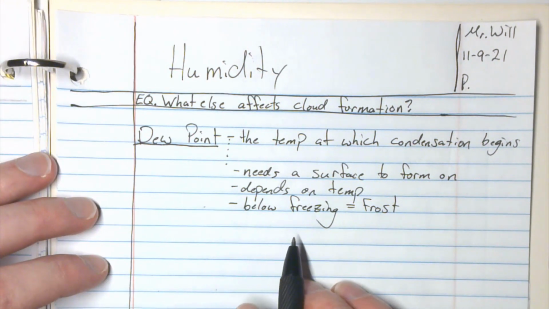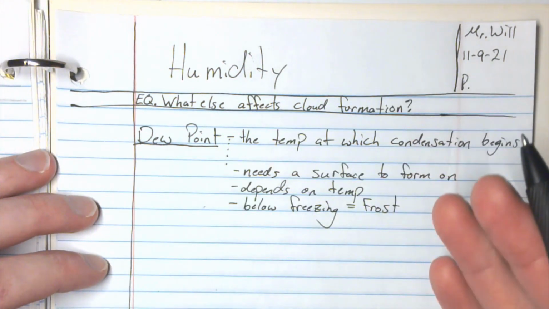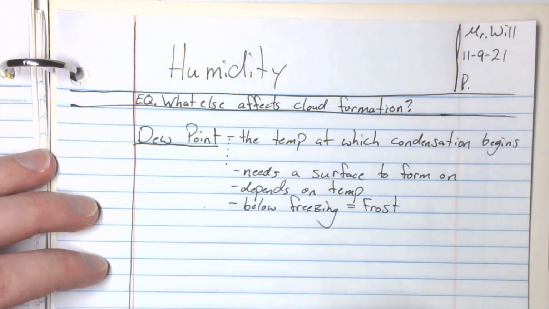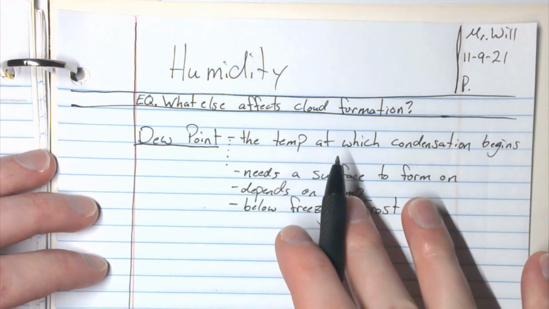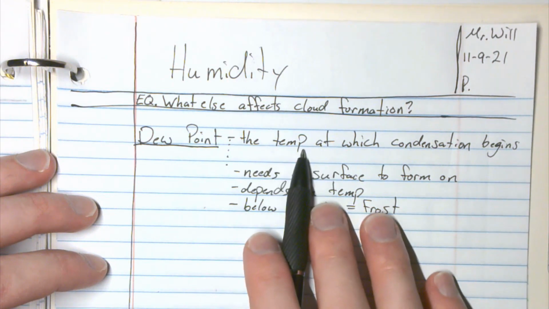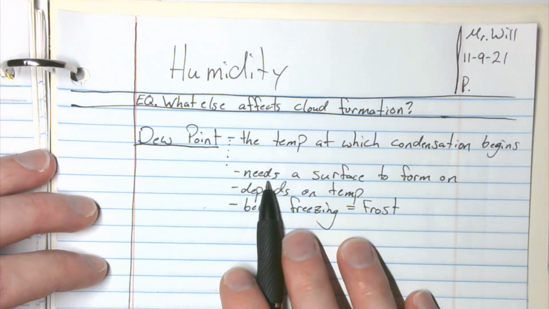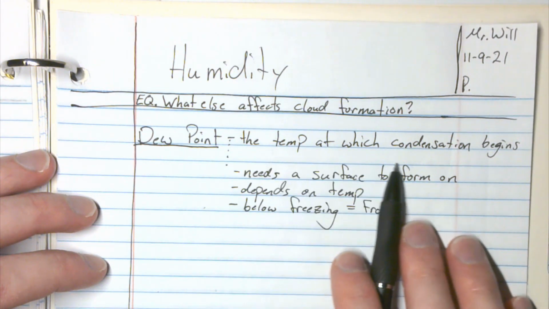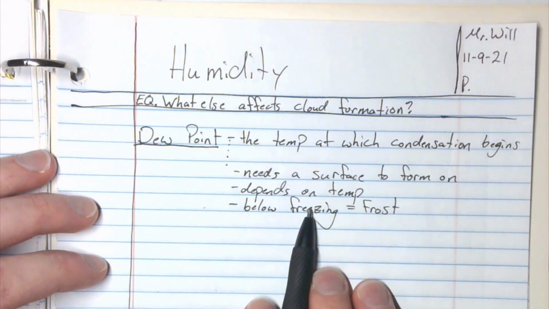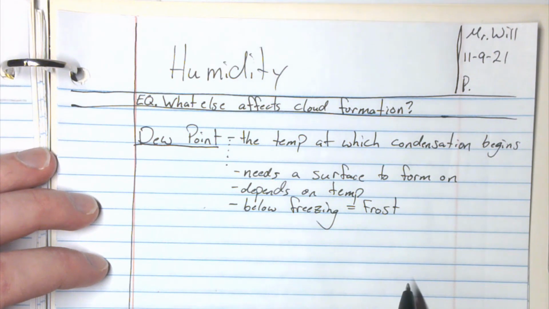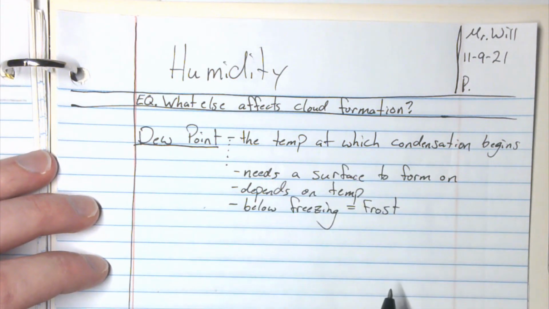So at some point, the air is warm, it collects water vapor, and then as it cools down again, it hits a specific temperature where it's going to start forming water on a surface. And if that temperature happens to be below freezing, then it's going to end up as frost. So that's kind of cool.